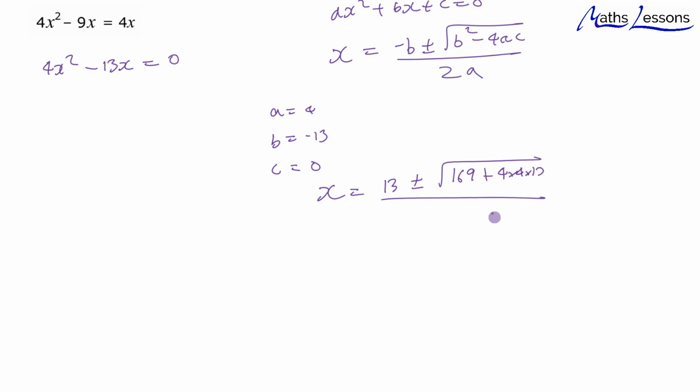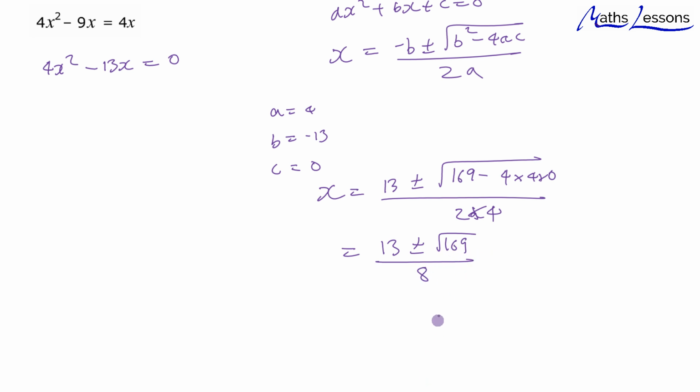I made a mistake there, so putting c in as 0, I'm going to get 4 times 4 times 0, not that it's going to make any difference because anything times 0 is 0. And all over 2a, which is 2 times 4 on the bottom. So using the quadratic formula, you get 13 plus or minus the square root of 169 all over 8.